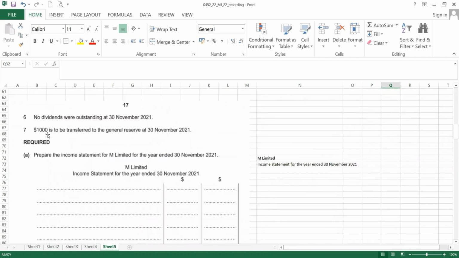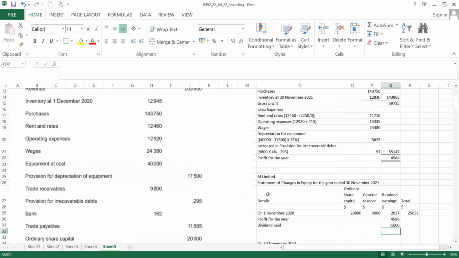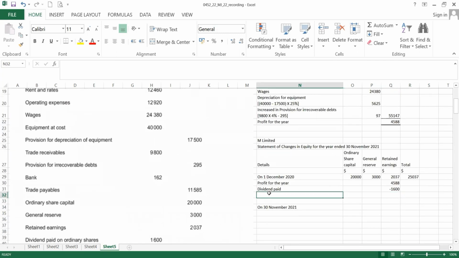Okay, here 1,000 is to be transferred to the general reserve. That means here, transfer to general reserve 1,000. So here 1,000, here we have to minus 1,000.